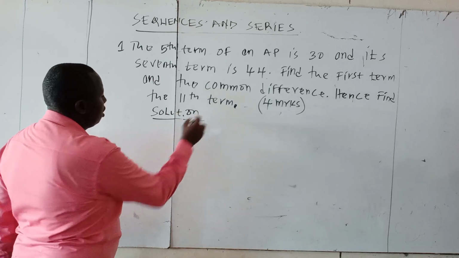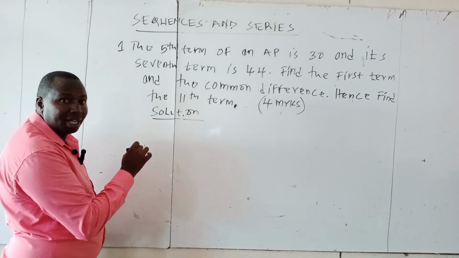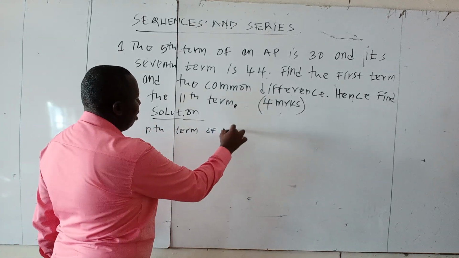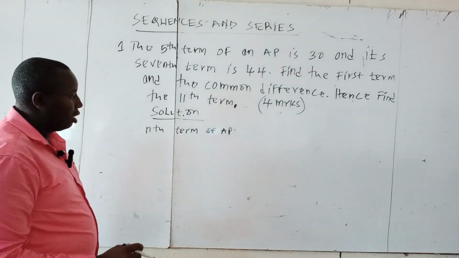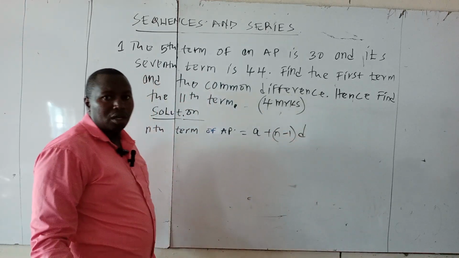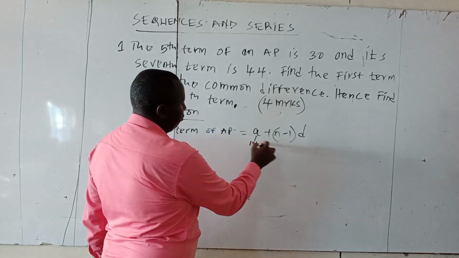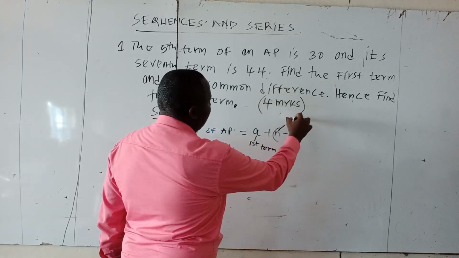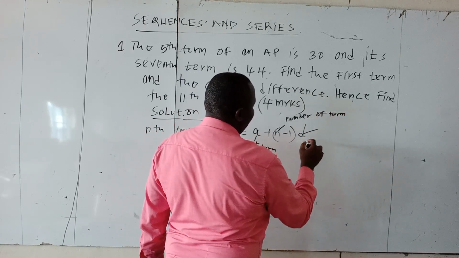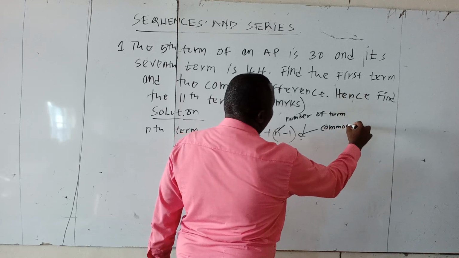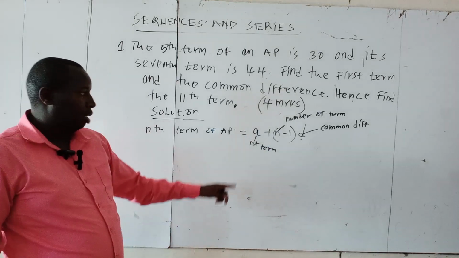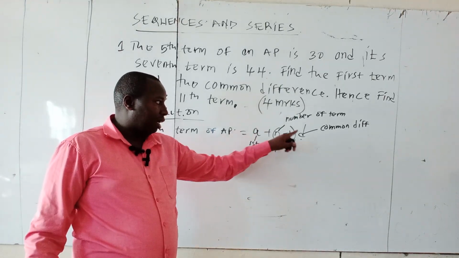The formula for getting the nth term of an AP, arithmetic sequence, is given by A plus n minus 1 d, where A represents the first term, n is the number of terms, and d is the common difference.